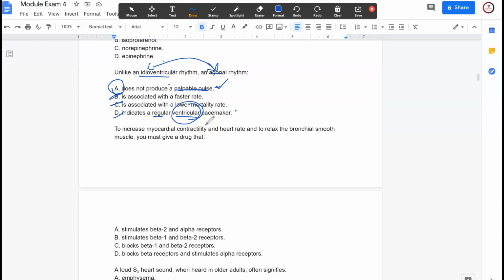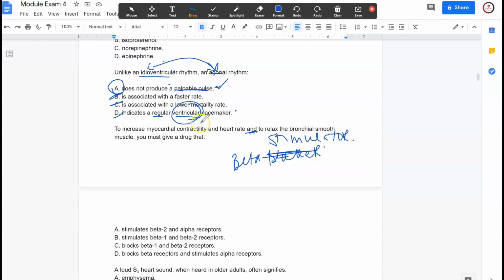Idioventricular does. To increase myocardial contractility and heart rate and to relax bronchial smooth muscle, you must give a drug that what, right? So this sounds like a beta blocker to me, right? Because we want to, or sorry, it needs to, hold on. A beta stimulator, the opposite of this, a beta stimulator. Not enough coffee.